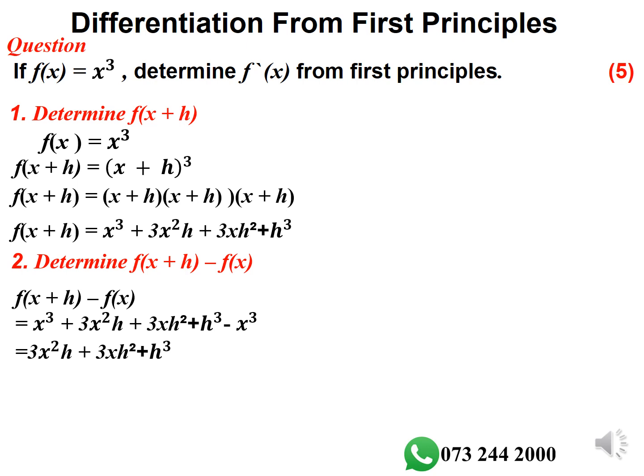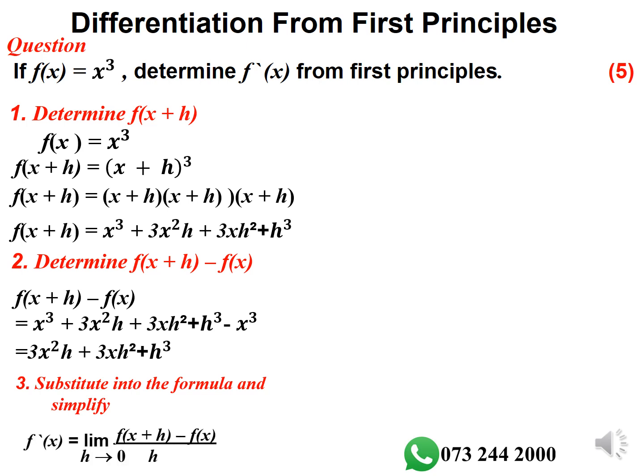The next one, which is the third calculation, you substitute into the first principles formula. The first principles formula says the derivative of f of x is equal to the limit of f of x plus h minus f of x over h as h approaches 0.